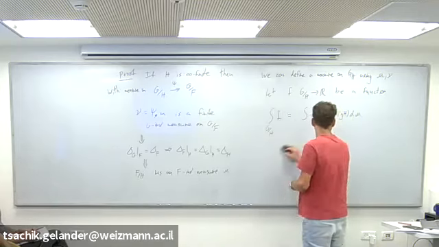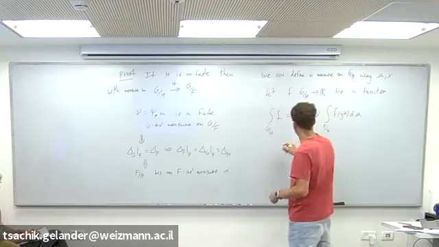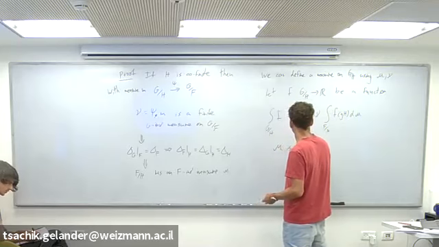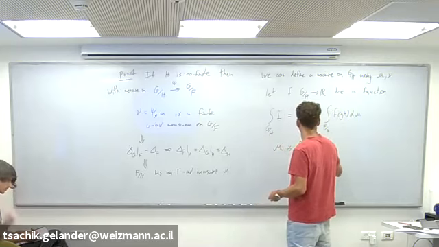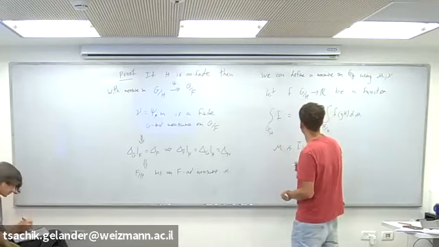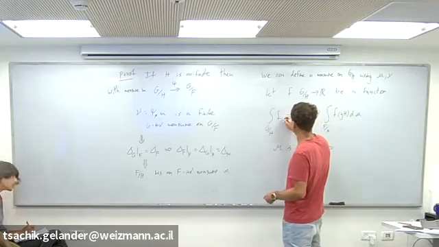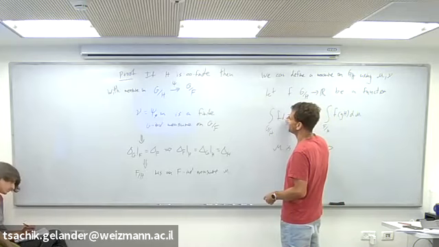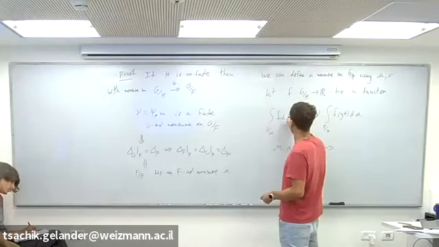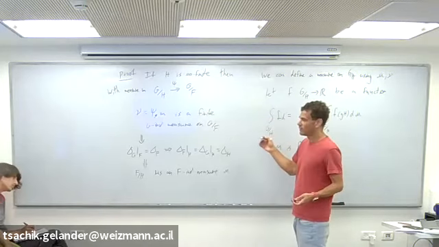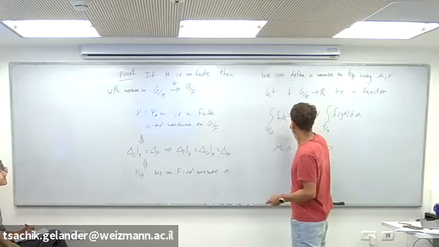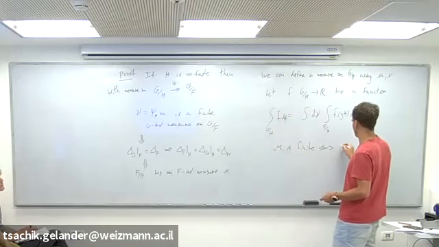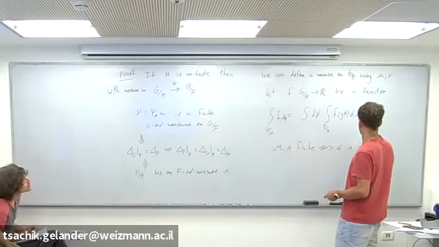Okay. It's easy to see that mu is finite if and only if this measure, let's give it a name, sigma, is finite.